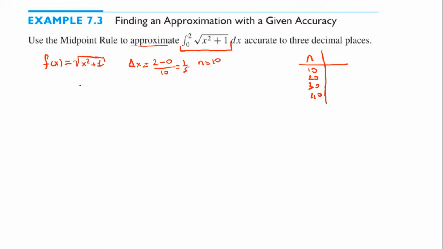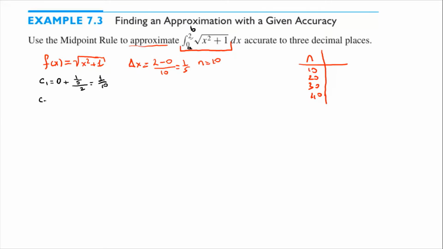So what we're going to do is find evaluation points, which are the c's. We say a is 0 here, the lower limit, and the upper limit is b. So c1 is a plus delta x over 2, which makes 1 over 10, correct?